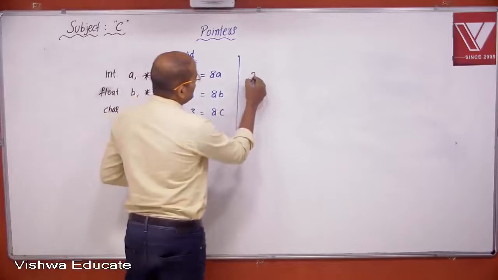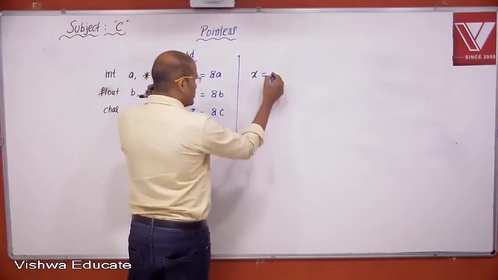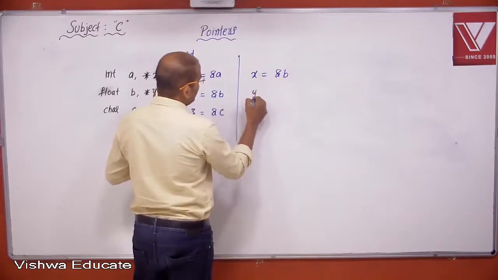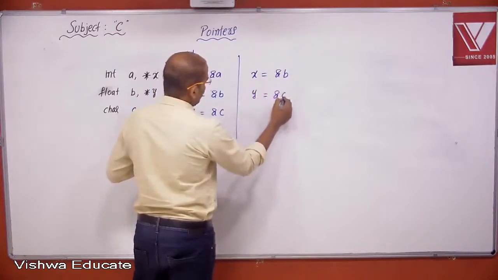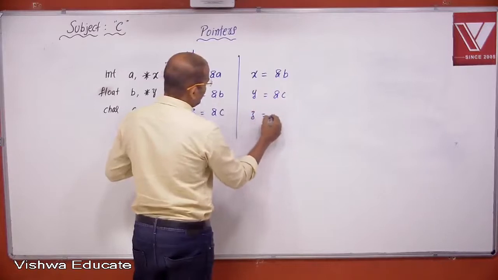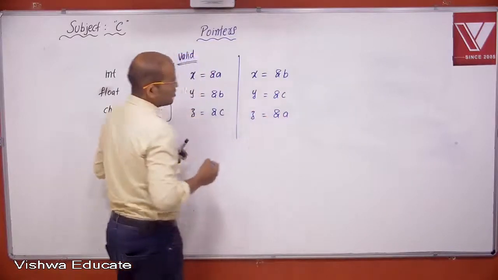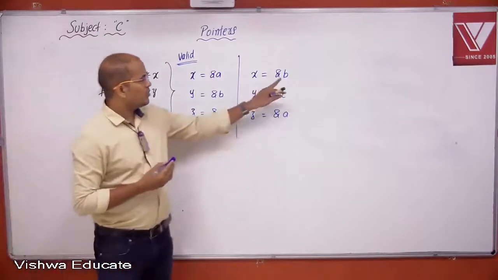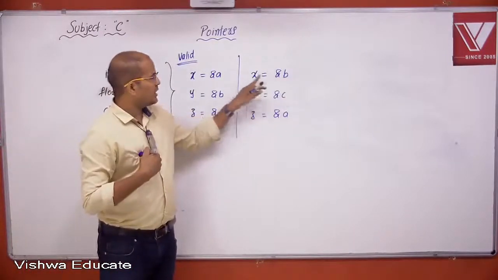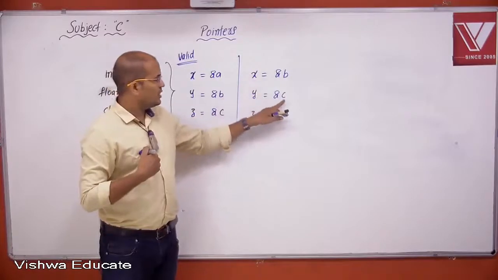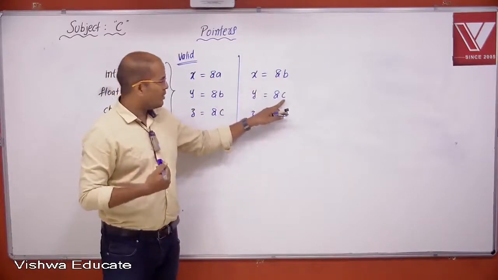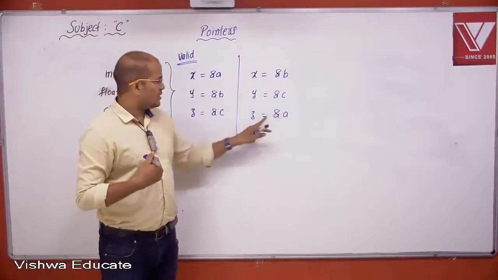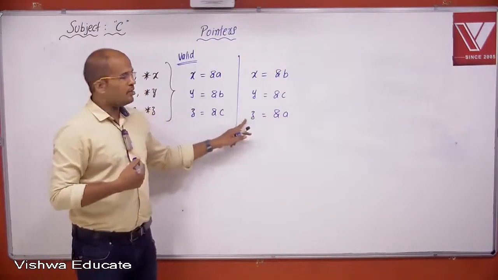Suppose I try doing x is address of b, or y equals address of c, and z equals address of a. What do you observe? b is a float type address, and x is an integer pointer variable. c is a character type variable address, and y is a float pointer variable. a is an integer type address, and z is a character pointer variable.